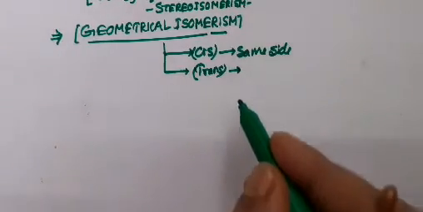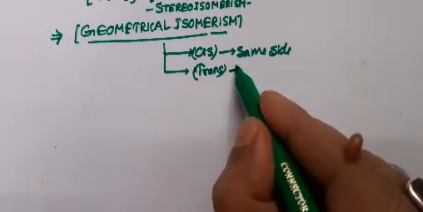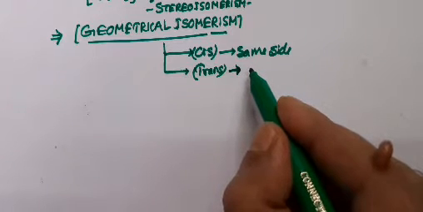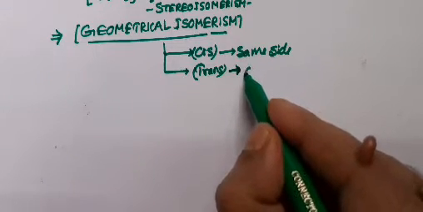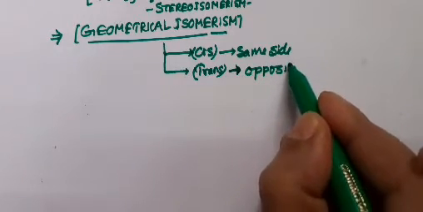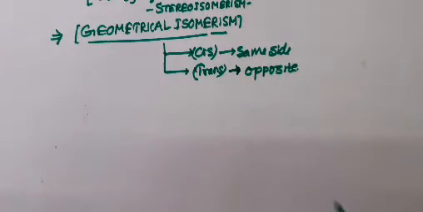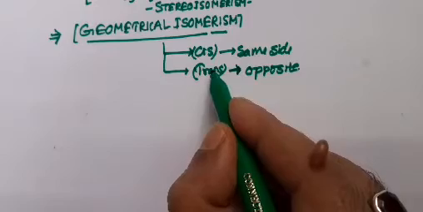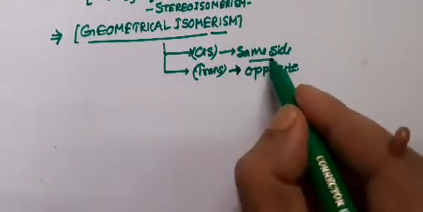And when the identical ligands are attached opposite to the central metal atom or ion in a given complex, it is called the trans form. So what we have understood is that geometrical isomerism is classified into two categories, cis and trans.